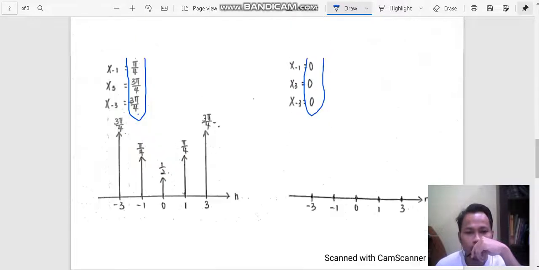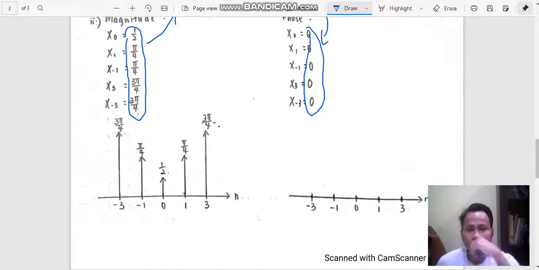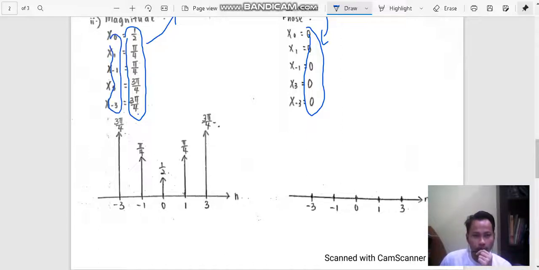So we just sketch the graph. We have negative 3, negative 1, 0, 1, 3, and we plug in accordingly.